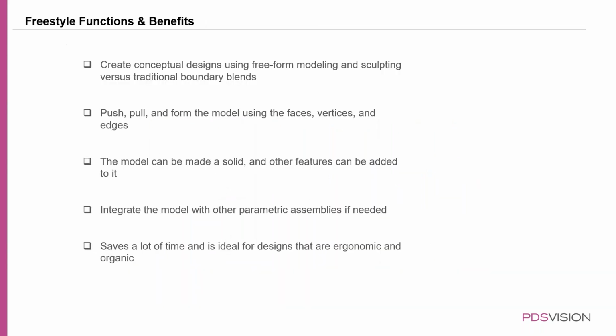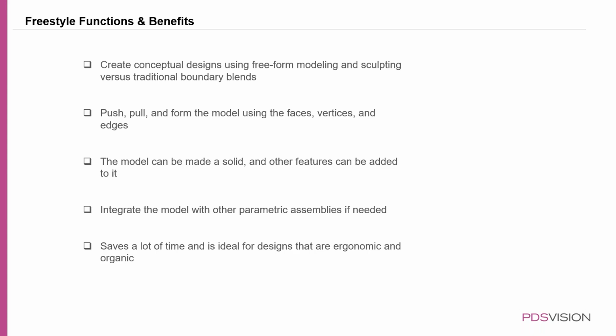So I'm going to hit some points here on the Freestyle tool before we get into the demo part of this. It is used to create conceptual designs using freeform modeling and sculpting versus traditional boundary blends and building quilts or patches. You use pushing and pulling and forming using the faces, the vertices, and the edges of the model itself.